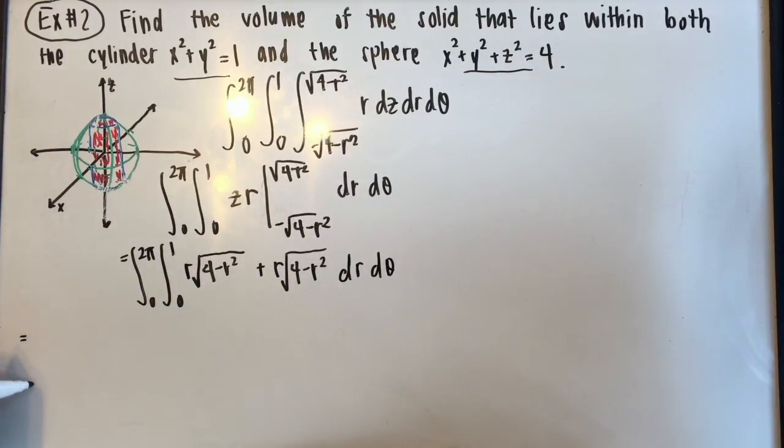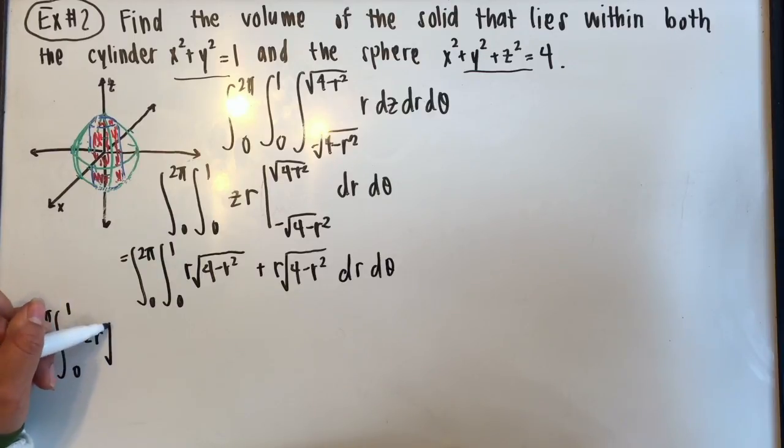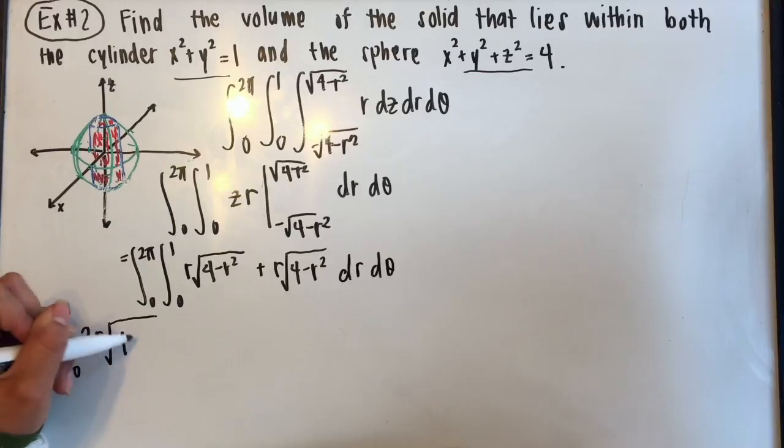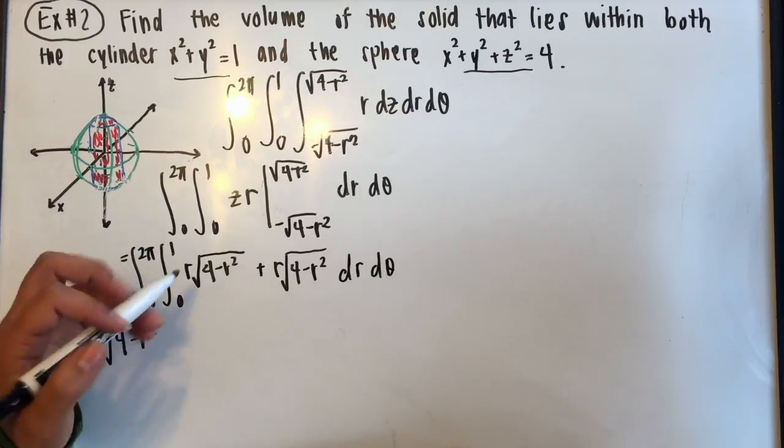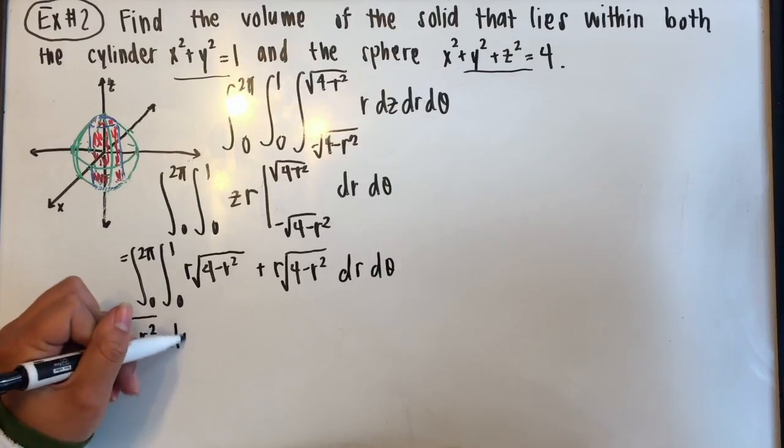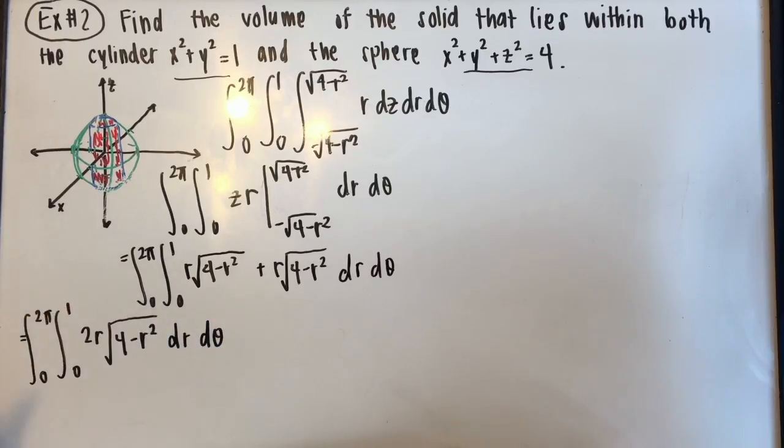So now this is going to become just 2r times rad 4 minus r squared dr d theta.